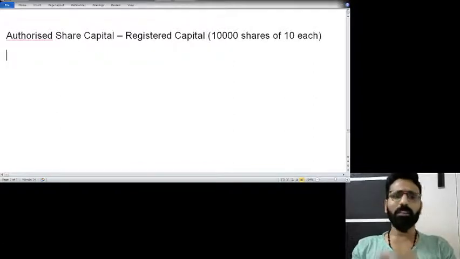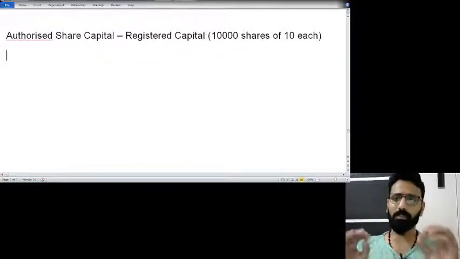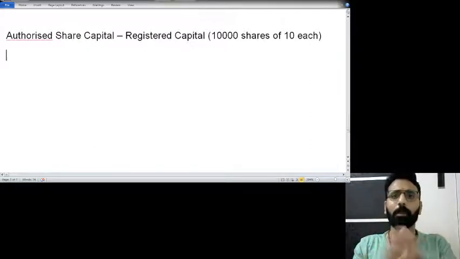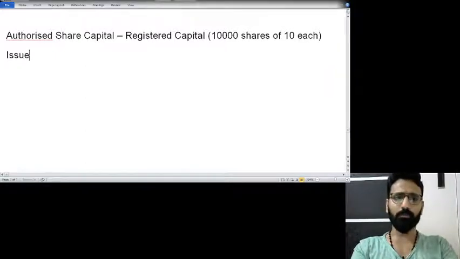Now, after the authorized capital, this is registered capital. It doesn't mean I need to issue all the 10,000 shares today. I can issue part. Assume I issued shares, issued and subscribed. I can say issued capital. I issued how many shares?